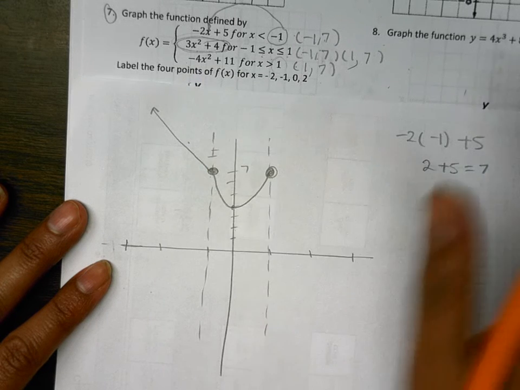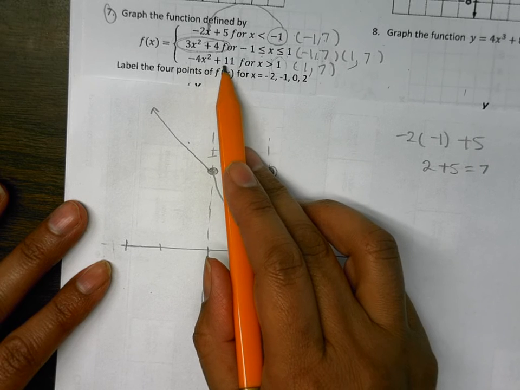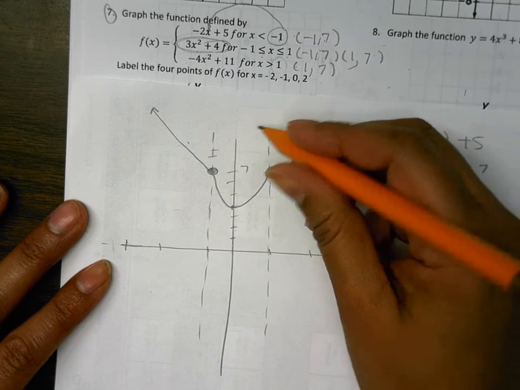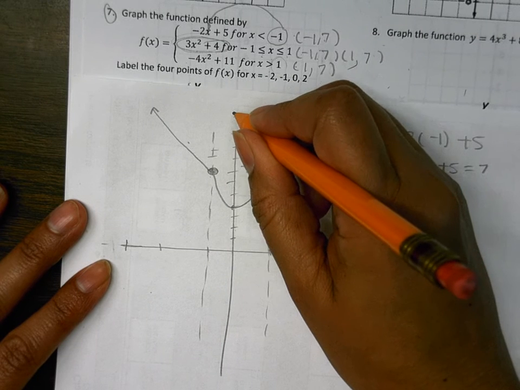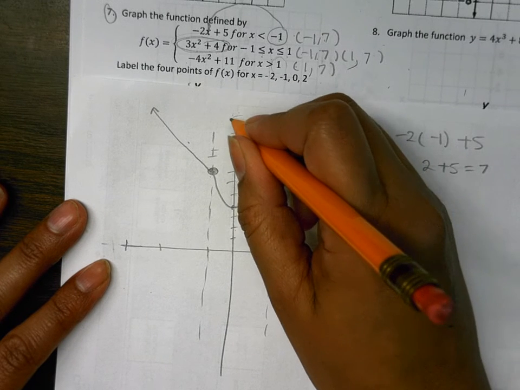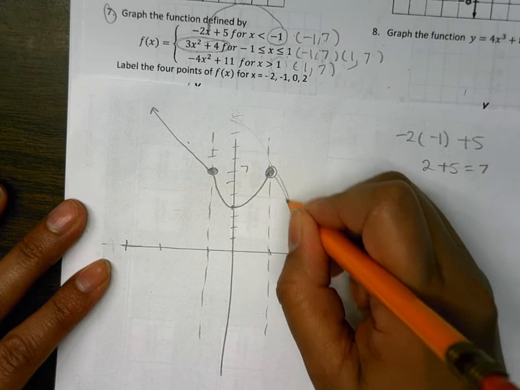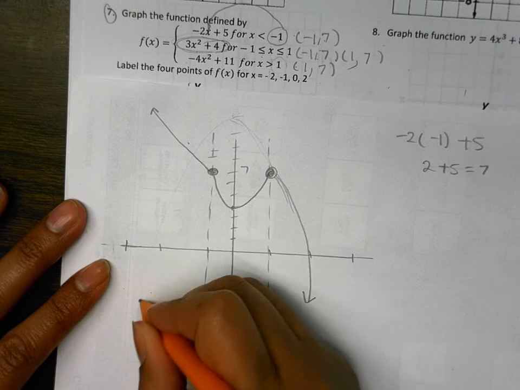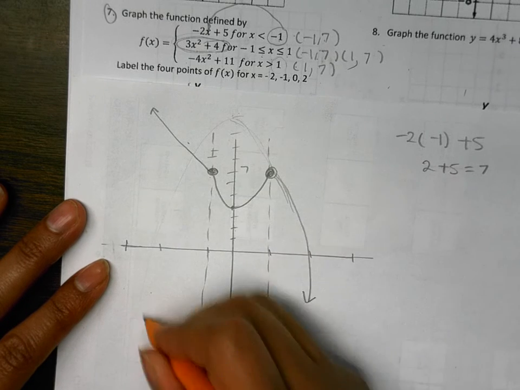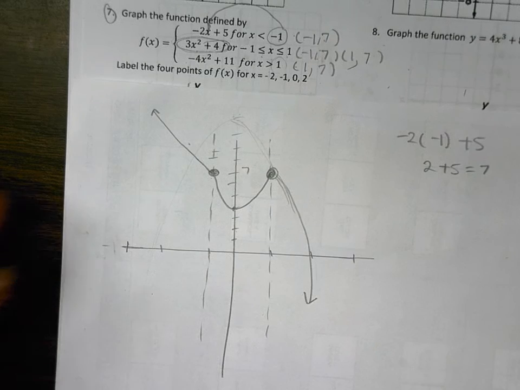Down. Which way is it shifting, actually? Is this shifting up 11? 7, 8, 9, 10, 11. So it's doing something like this, but we're not graphing this piece, so down like this, but it's U-shaped. If you can imagine all of this being the parabola, but we're only graphing this piece because it says when x is greater than 1.